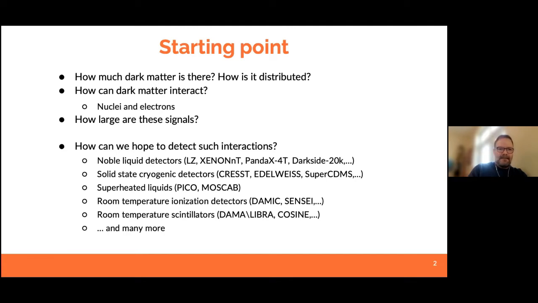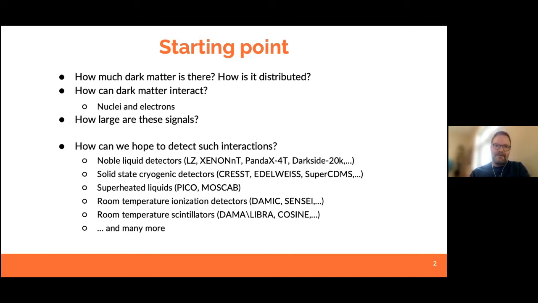And then there are also the room temperature ionization detectors, which are a more recent development. And the early searches used room temperature scintillators, but I won't go too much into that. And there are many more, and there just isn't enough time to discuss all of these in just one lecture.